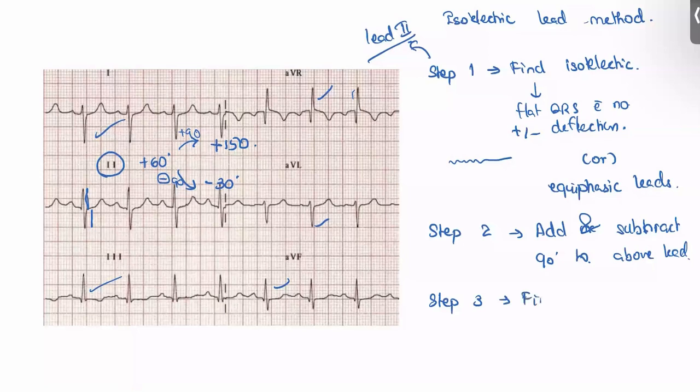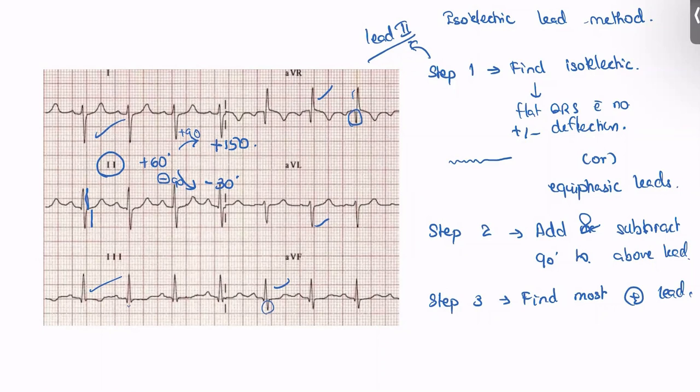Find the most positive lead. The most positive lead is the one with the tallest R and the smallest S. Here the positive leads are lead 3, AVF and AVR, but there is some negative deflection in the others, while lead 3 has almost no negative deflection.